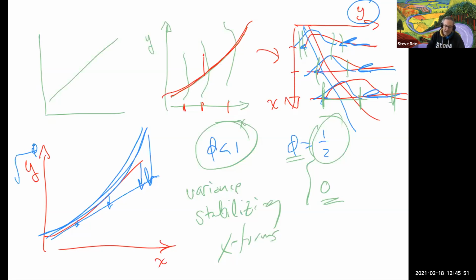So what we really say is, if you choose a value of phi being 0, you're just saying take a natural log.